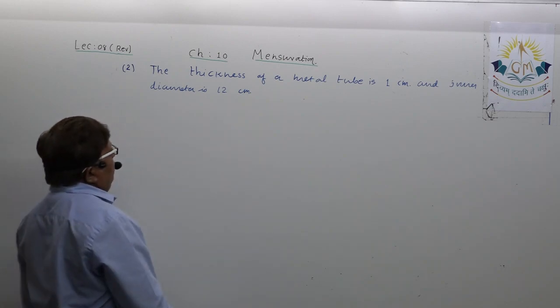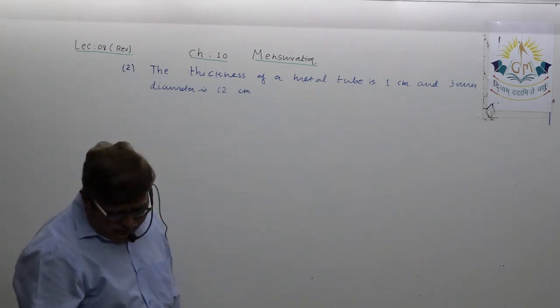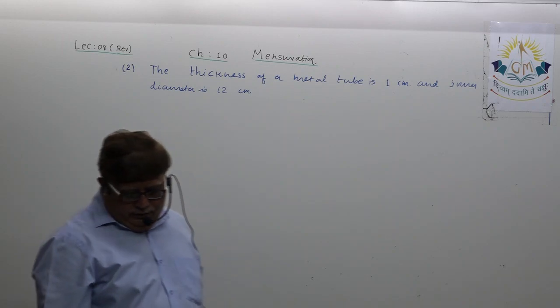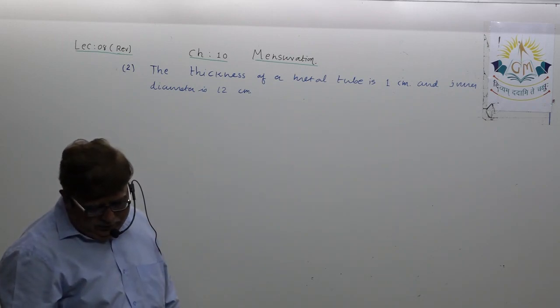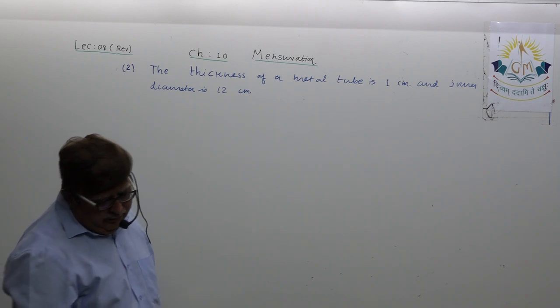Okay. The thickness of a metallic tube is 1 centimeter and inner diameter is 12 centimeter.